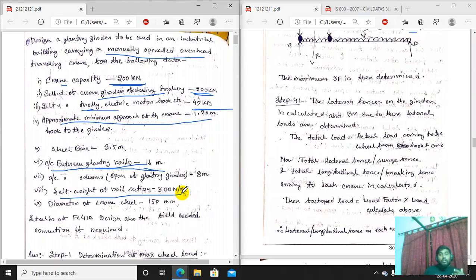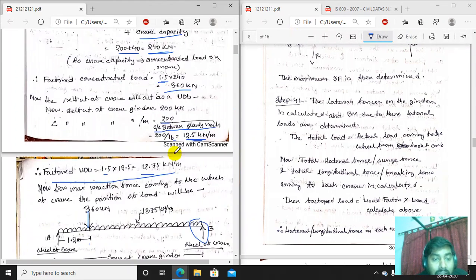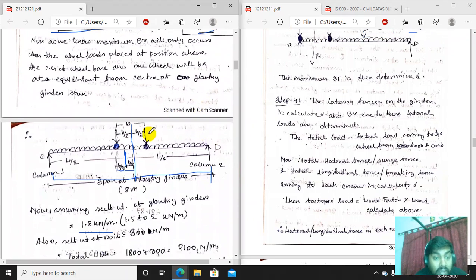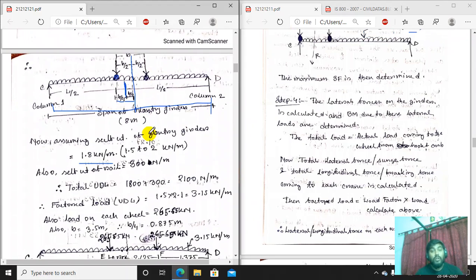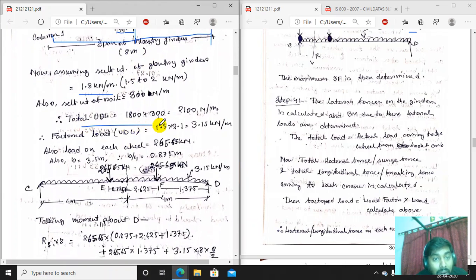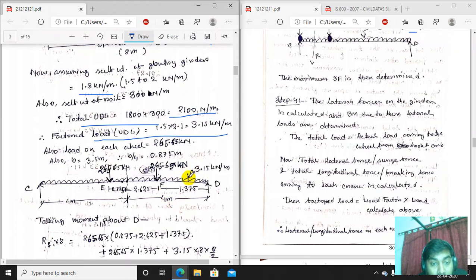So it is a UDL. The total uniformly distributed load over the gantry girder will be 1800 plus 300, equals 2100 newton per meter. Now we have to take a factored load. So the factored UDL acting equals 3.15 kilonewton per meter. So putting the value here.